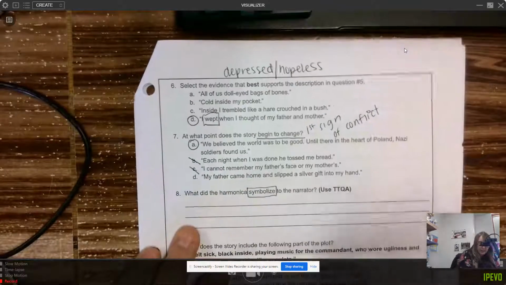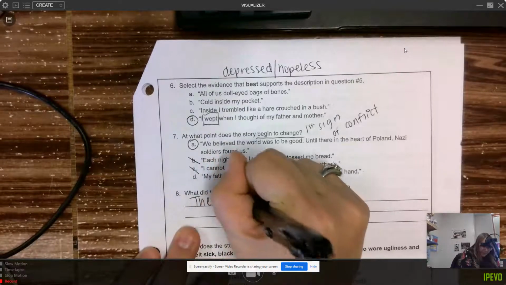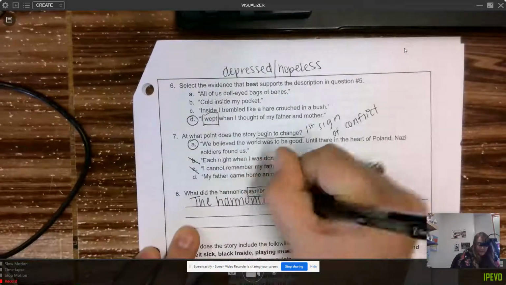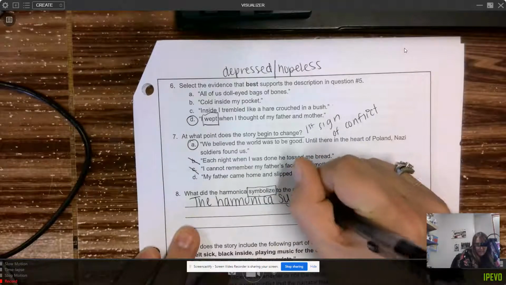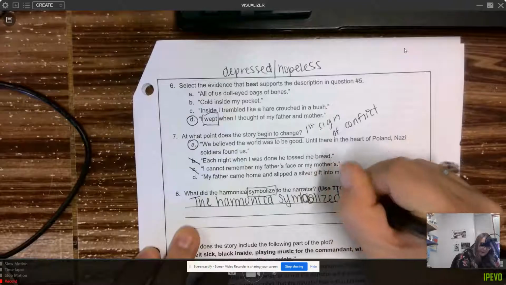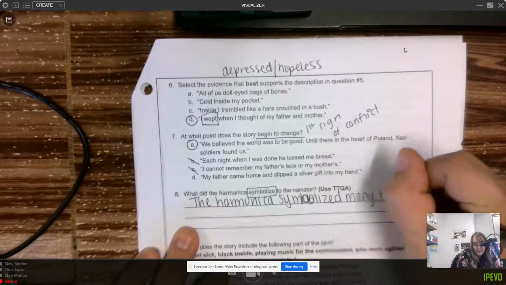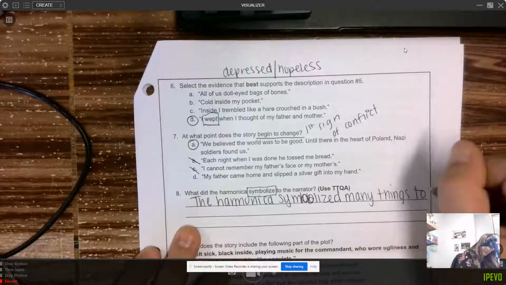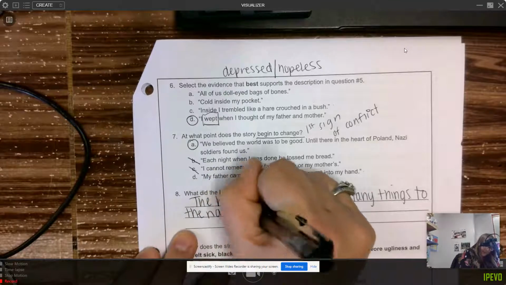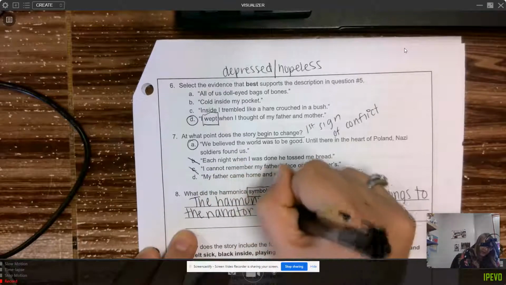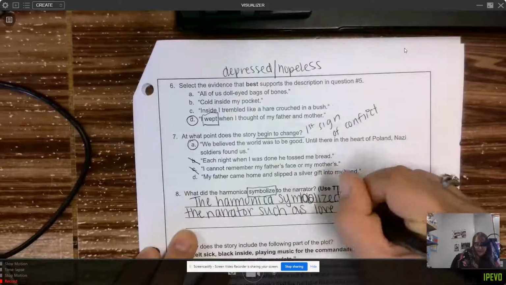So I would say the harmonica symbolized many things to the narrator, such as love and tenderness.